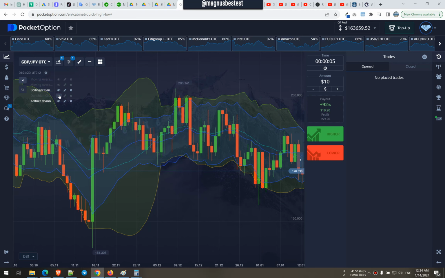Then here we have Donchian Channel. It uses the average prices for highs and lows. So it's a breakout strategy, because we are breaking highs or lows for the last 20 candles, if we have the period for 20.